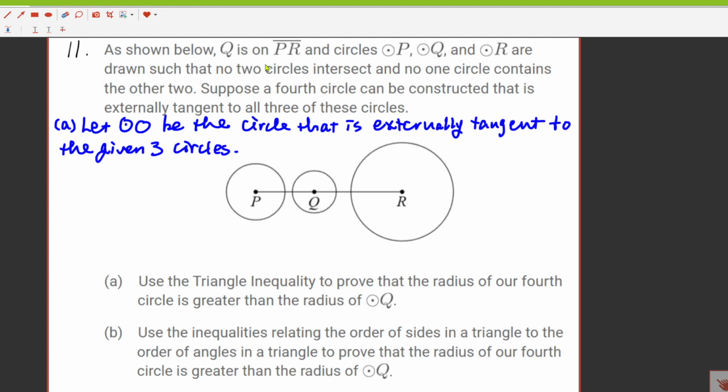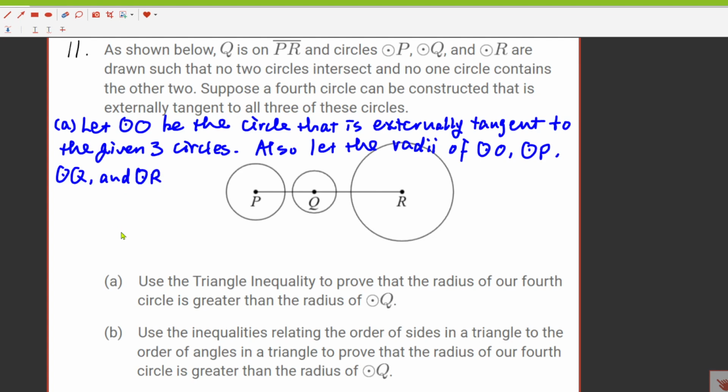Also, we could let the radii of the four circles, circle O, circle P, circle Q, and circle R, be rO, rP, rQ, and rR respectively, right?